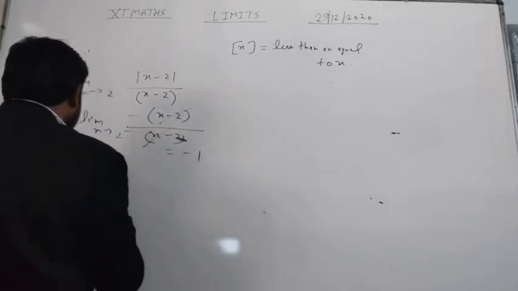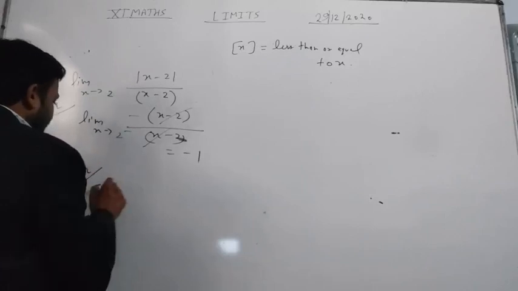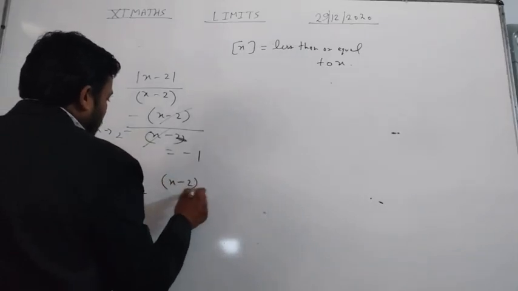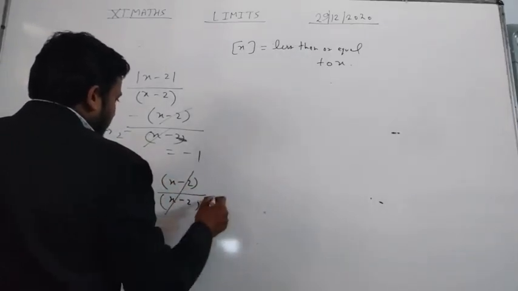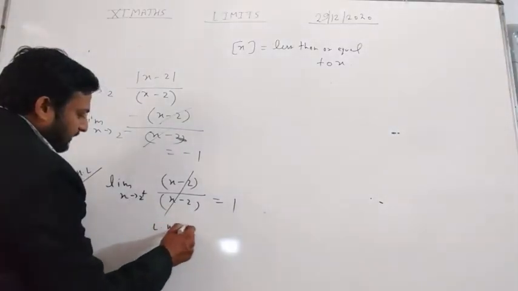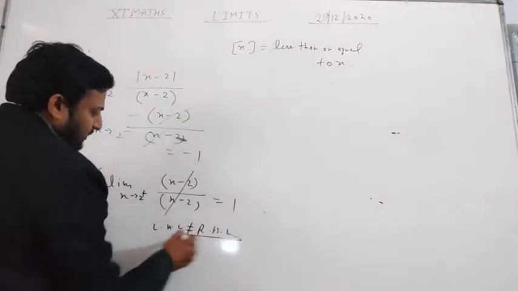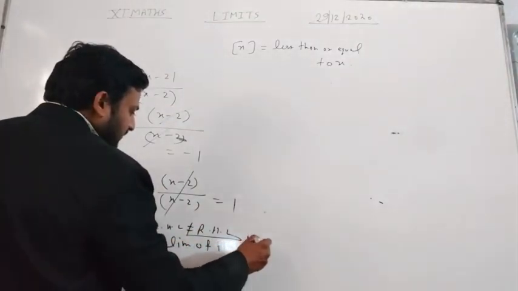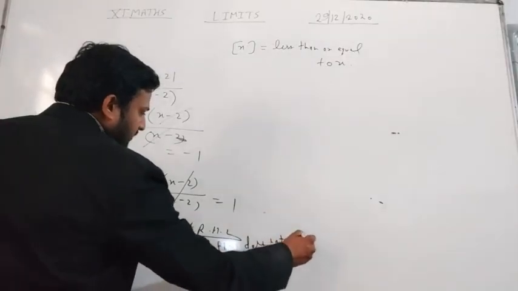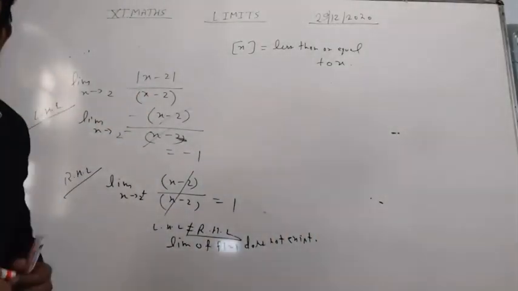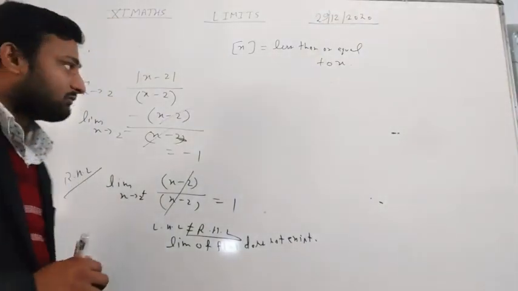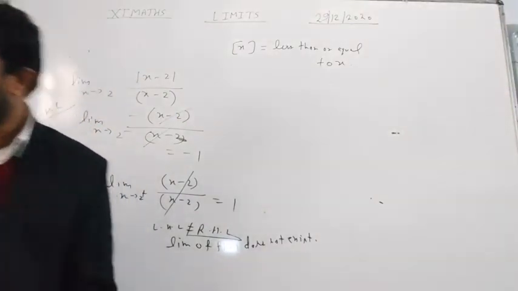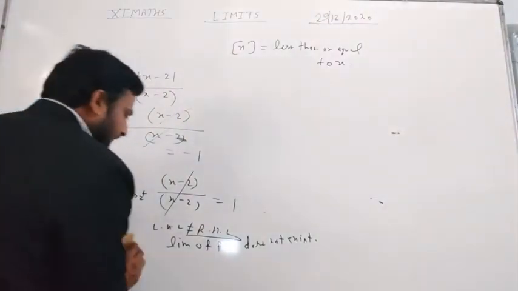So we get minus 1. And for our right hand limit, when we are taking limit x tends to 2 plus, this is positive, so this is equal to 1. So the left hand limit is not equal to the right hand limit. So we can say that the limit of the function does not exist, because the left hand limit is minus 1 and the right hand limit is 1.